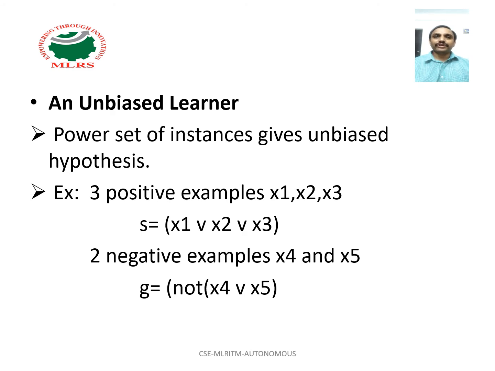For example, if you have 3 positive examples x1, x2, x3, we represent them as x1 disjunction x2 disjunction x3. If you have 2 negative examples, for example x4 and x5, how do we represent that? Negation of x4 disjunction x5.